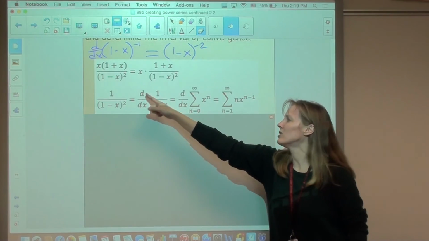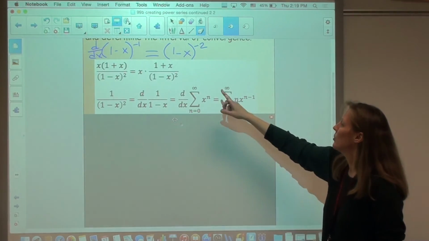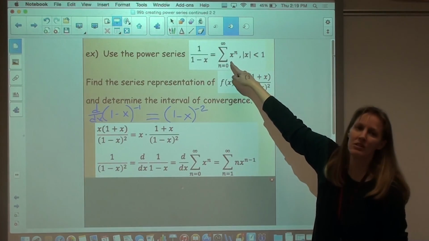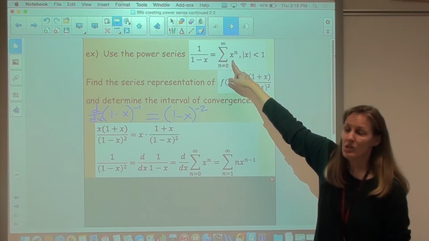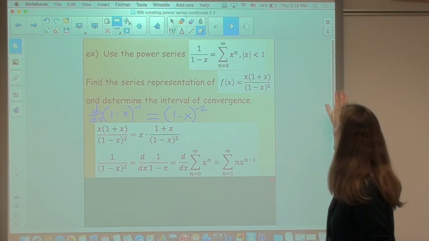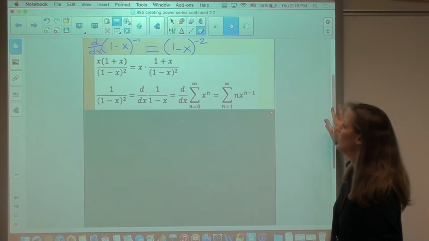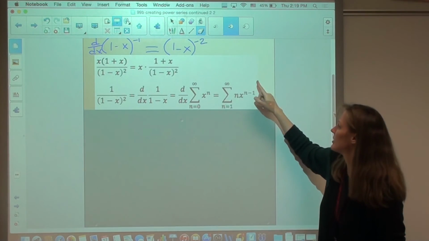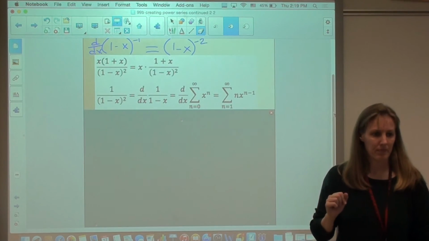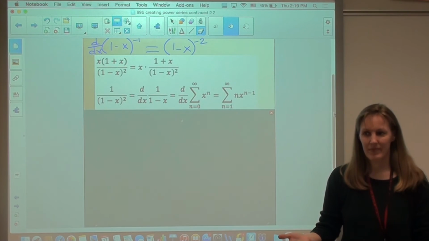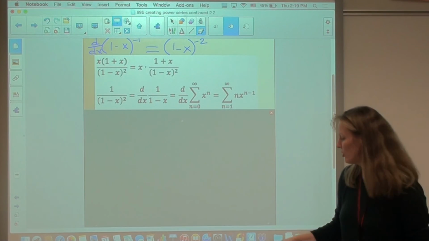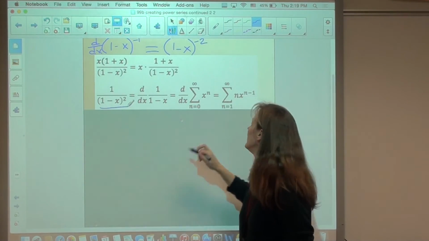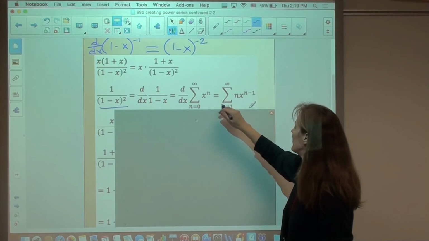Okay, so I need the derivative of 1 over 1 minus x. Well, we were given the series for 1 over 1 minus x. It's just the series of x to the n. So all we have to do is take the derivative of x to the n. So the derivative of the series x to the n is just n x to the n minus 1. Are you with me? Yes. So now what we've got is this equals that.